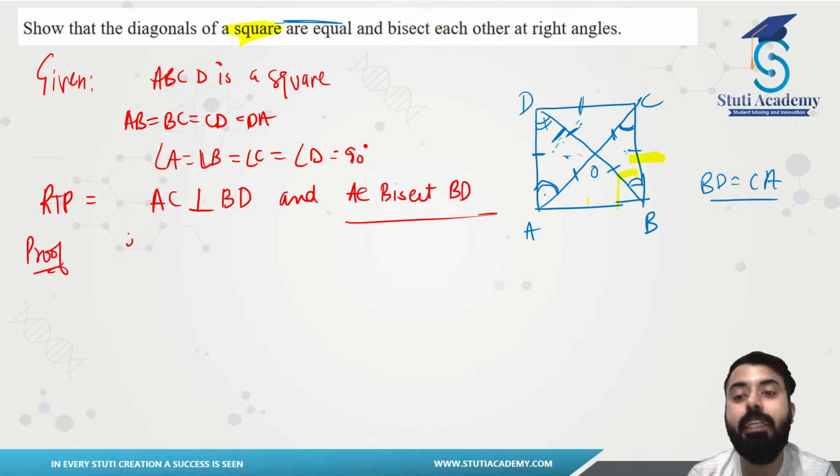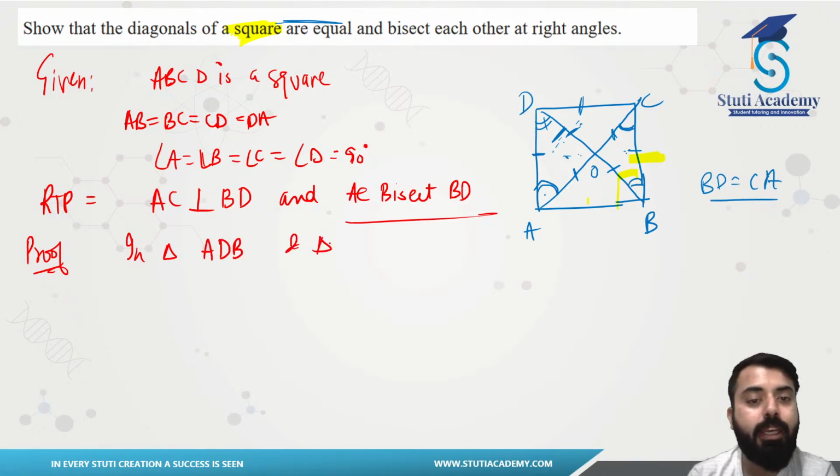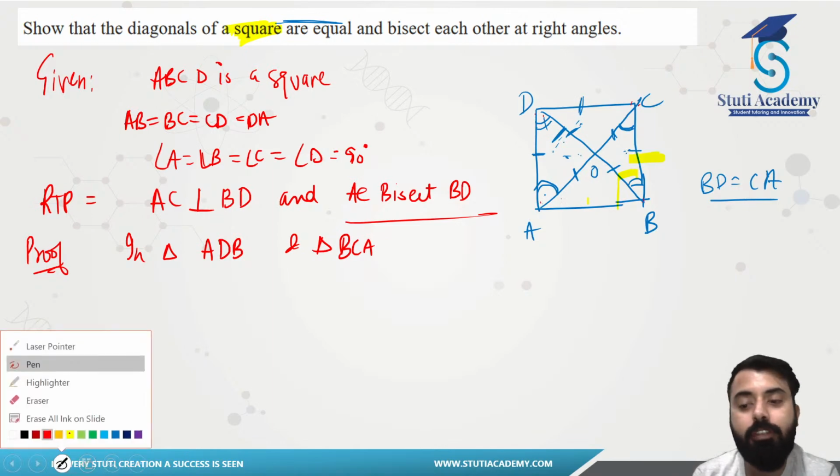We are going to firstly take triangle ADB and triangle BCA. Alright, so triangle BCA, naming is important, that is why I'm putting it clearly towards you. So we have taken these two triangles.